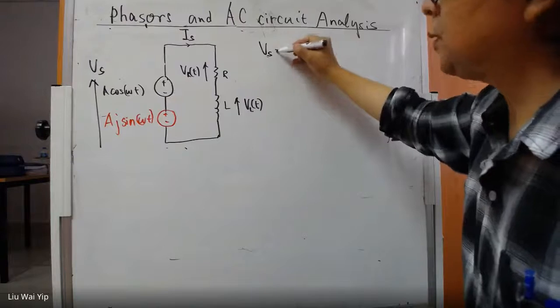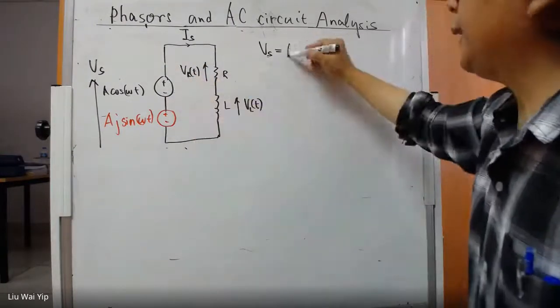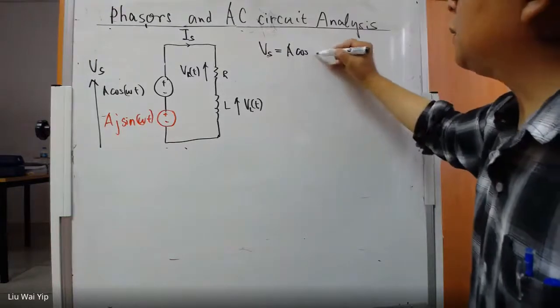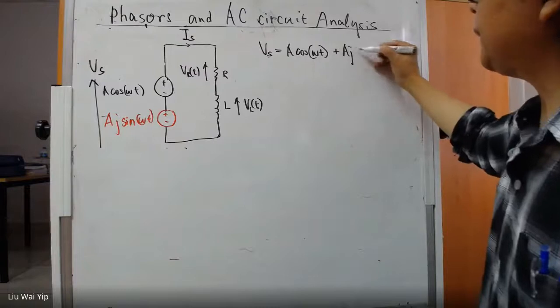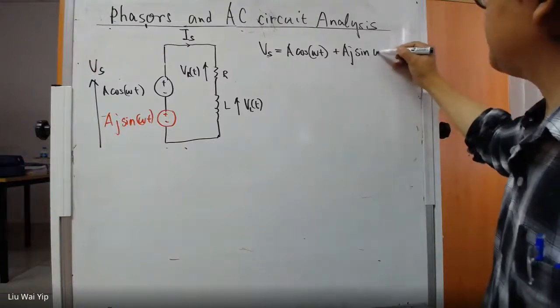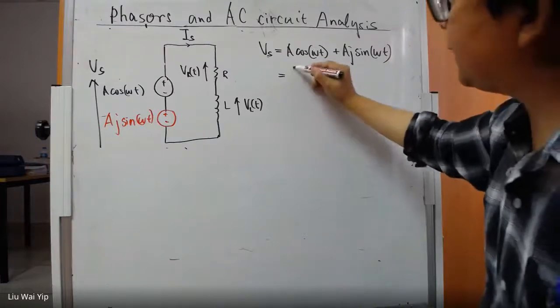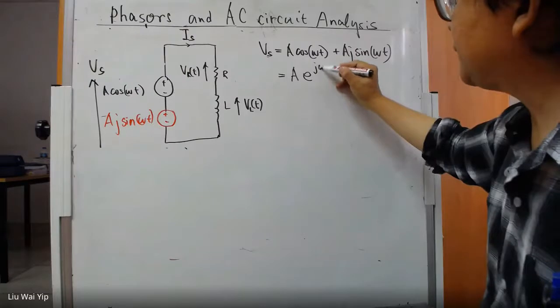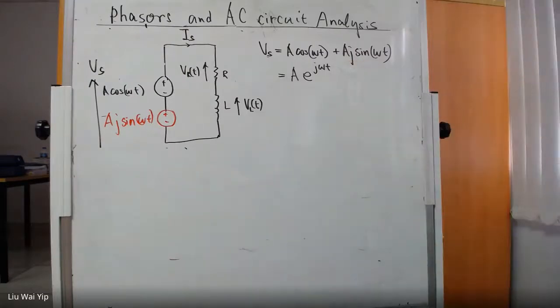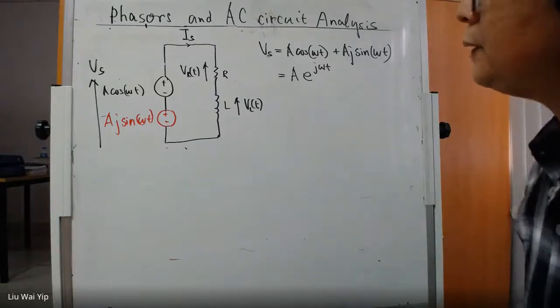Vs is going to be a summation of these two voltages, A cos omega t plus A j sine omega t, and then if we do it carefully, it's going to be A e to the power j omega t. So it is so clean. This is the expression for Vs.